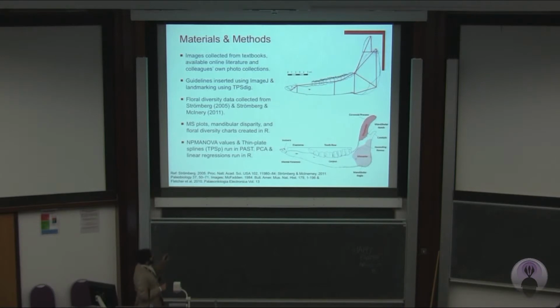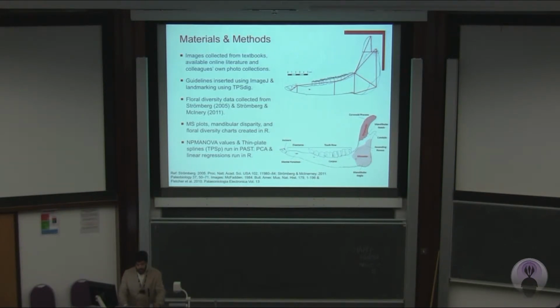Images were collected from textbooks, online museum archives, and of course photos from Christine Janis's own collection of ungulates from her many travels around North American museums. They were guidelined using ImageJ, mainly to pin down this landmark over here on the mandibular angle. We wanted to get the most width whilst also best capturing the shape.